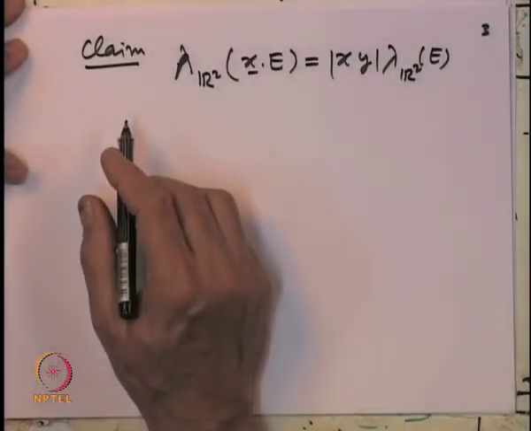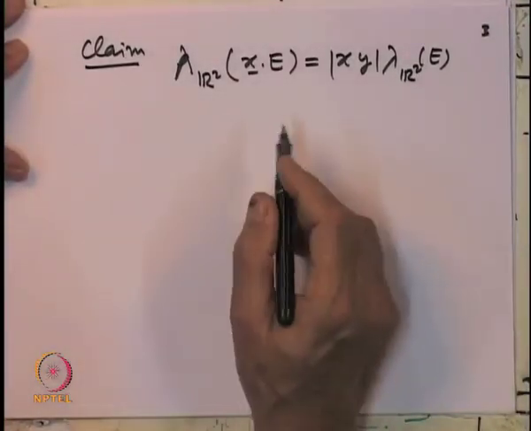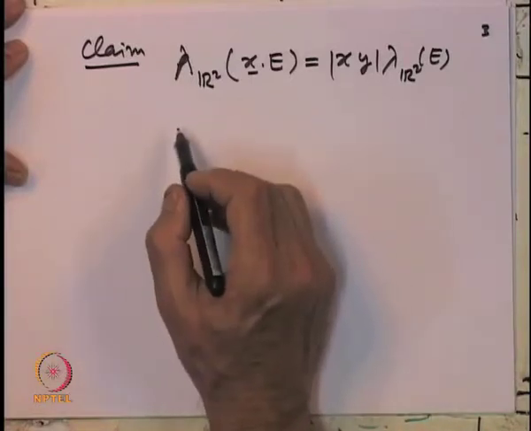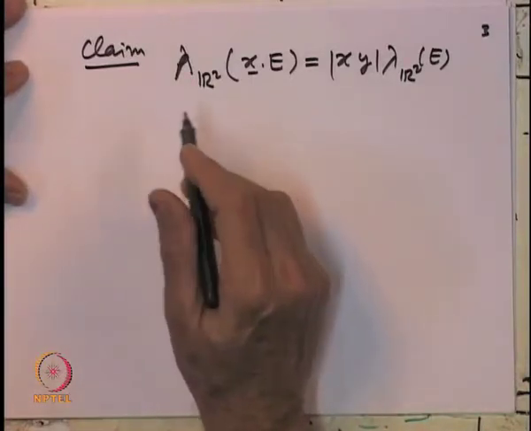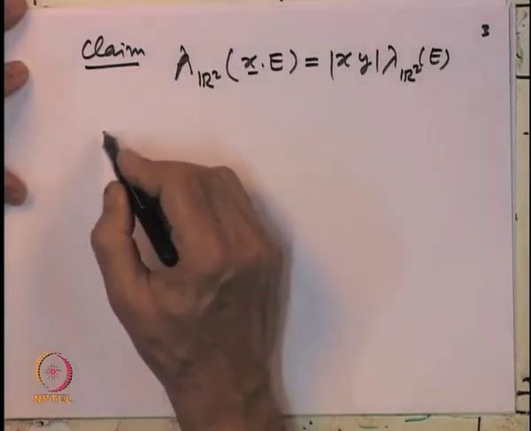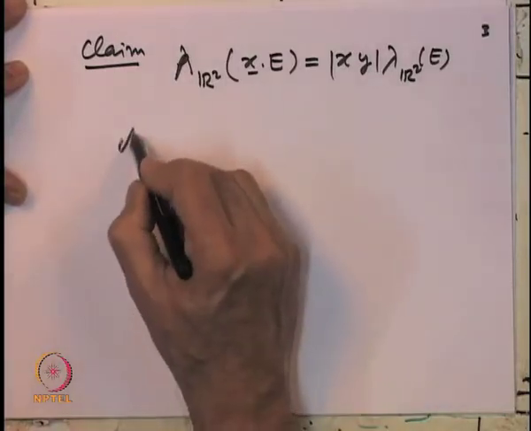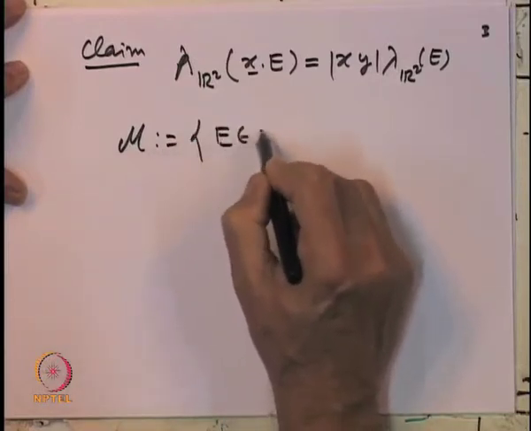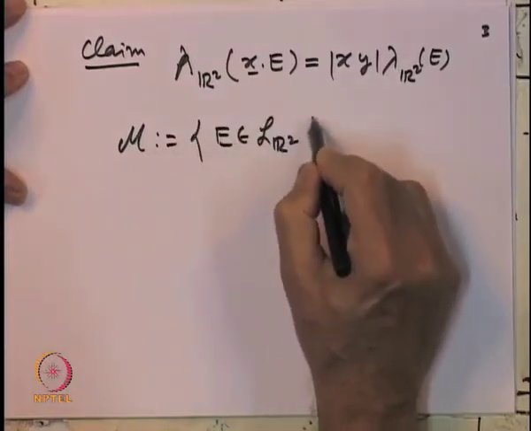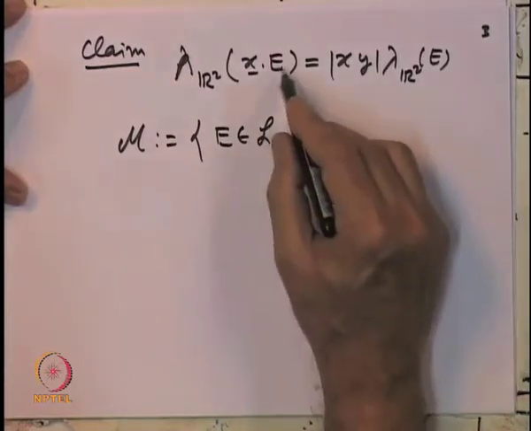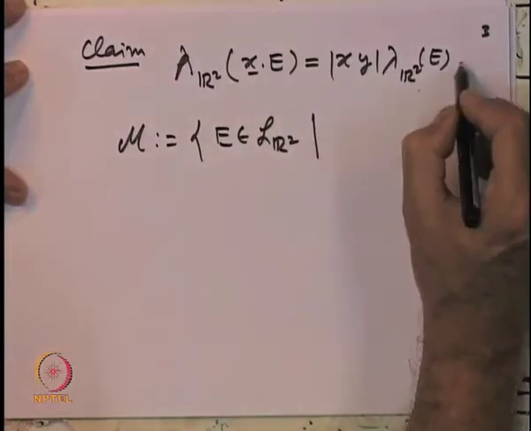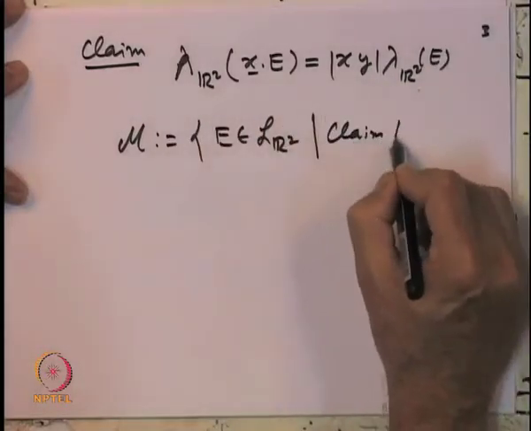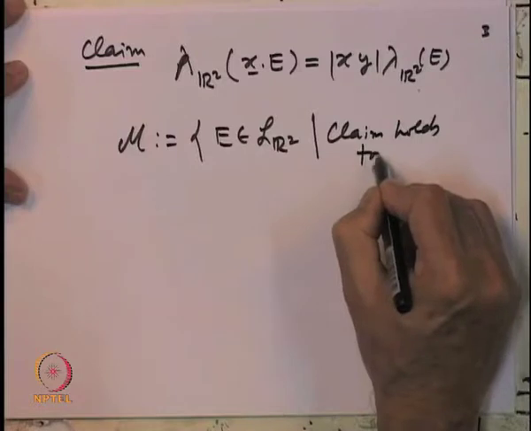So, let us observe the following. Basically, we are going to apply the monotone class technique here as in the case of the translation. So, let us define M to be the class of all sets E belonging to L of R 2 such that this required claim, let us put that as a star, holds for the set E.